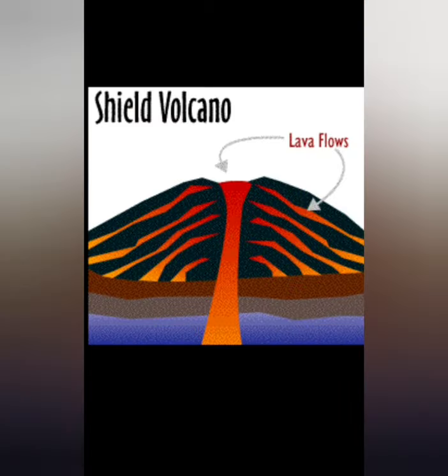Example, Paricutin, Mexico. The next type is the shield volcano. Shield volcanoes are formed by highly fluid lava. The lava flows out in all directions to create a shield. Example, Mauna Loa, Hawaii.